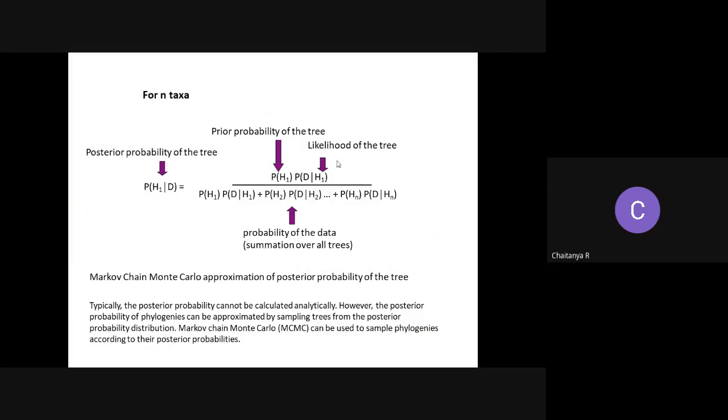So this chart again shows the Bayesian formula for n hypotheses, actually. In the denominator, you see h1 to hn. Like we mentioned earlier, the denominator always tends towards 1.